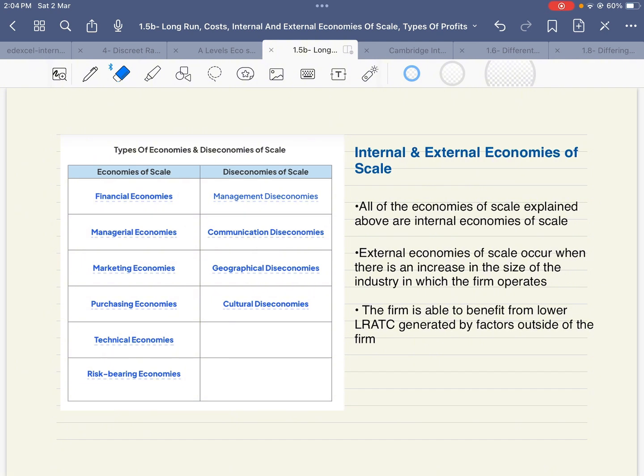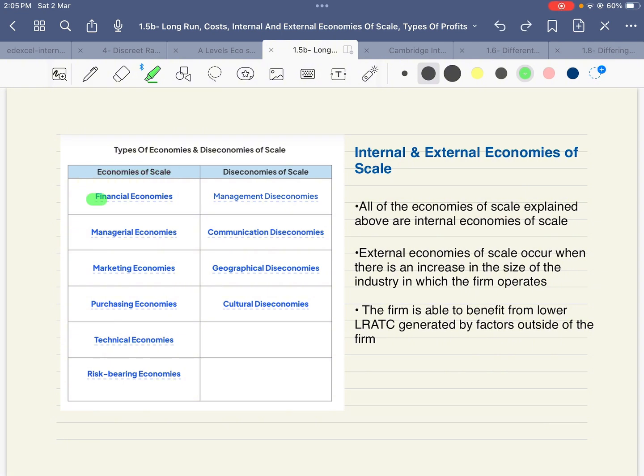Types of economies of scale. There are internal and external economies of scale. It means that there are internal factors as well as external factors that can cause economies as well as diseconomies of scale. What are the factors that lead to economies of scale or reduce costs in the long run?